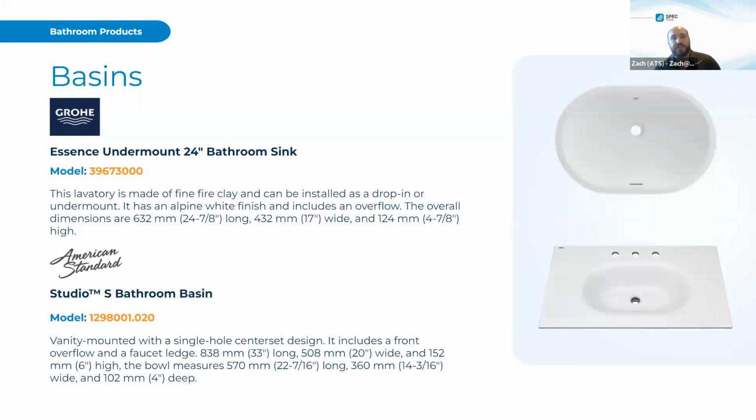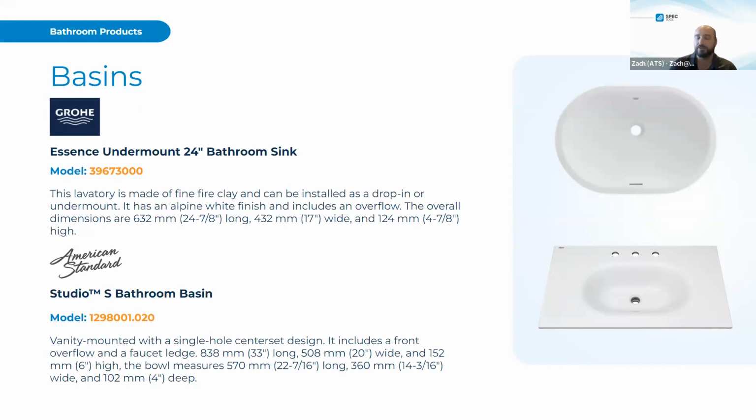With an undermount sink or using this as a drop-in, what's nice is that your faucet coordination is made a little bit easier. You could use an 8-inch center set, a 4-inch center set, a single hole only, whatever type of faucet you want, you can use in this type of situation. Whereas when you're doing something like the one shown on the bottom, where you are selecting your center set, it's great because it has a consistent look across the slab.